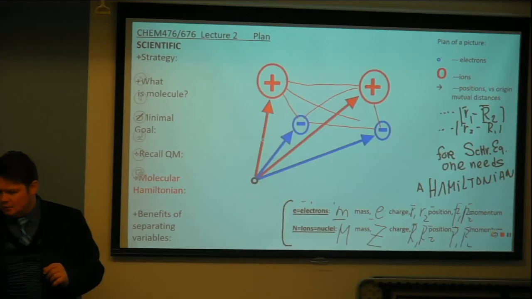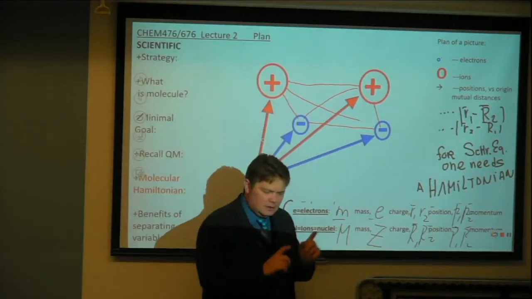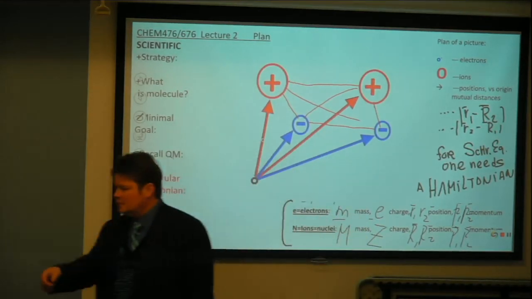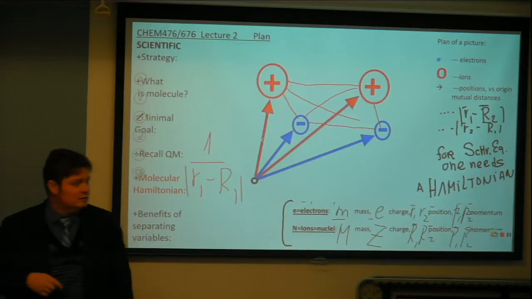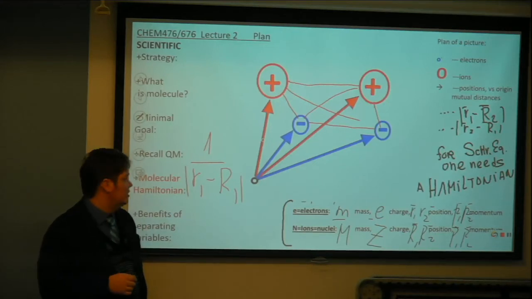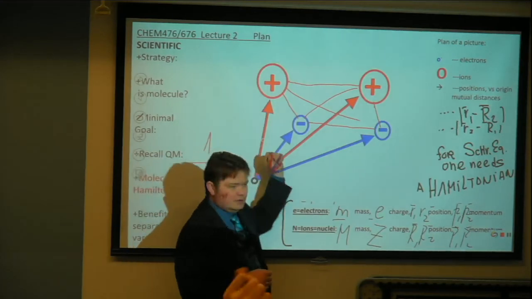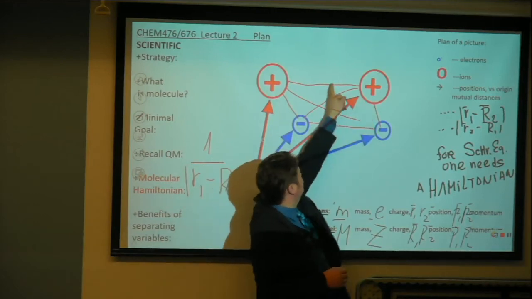So from this little diagram, each line here corresponds to a term like 1 divided by the absolute value of r1 minus R1, right? With charges and constants. How many terms like this will we see here? 1, 2, 3, 4, 5, 6.